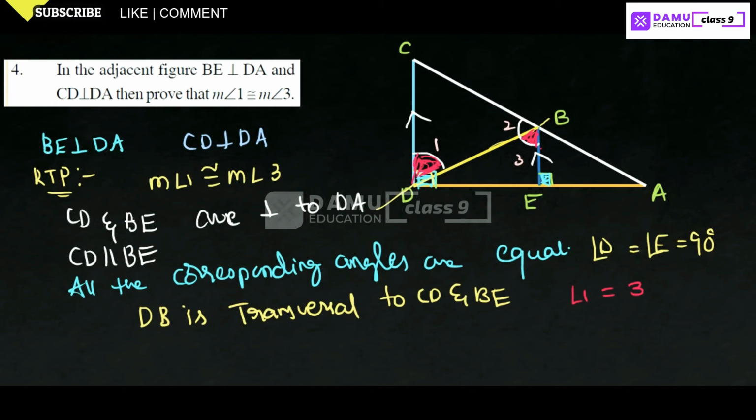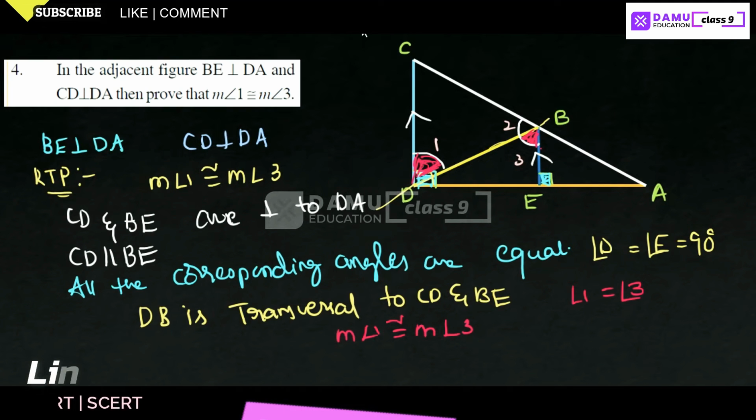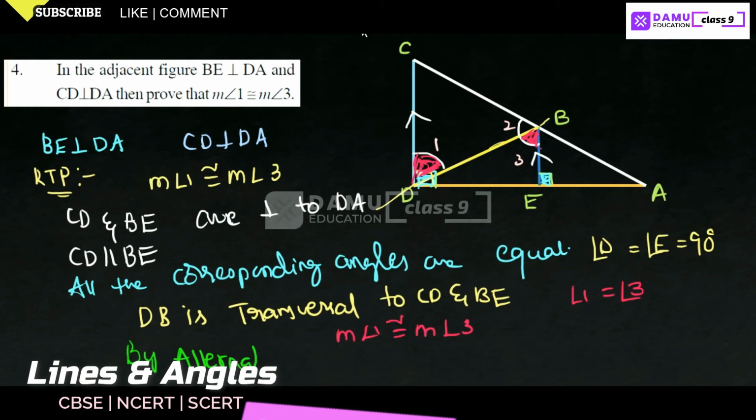Angle 1 will be equal to angle 3, that is, the measure of angle 1 is congruent to the measure of angle 3, because alternate interior angles are equal. Based on that we can say, like this we need to solve.